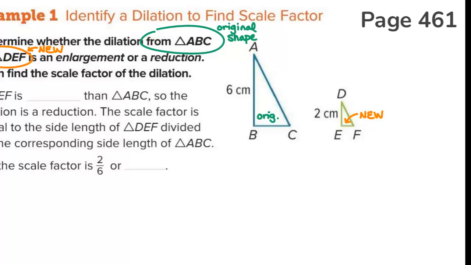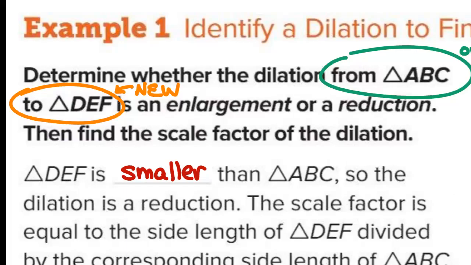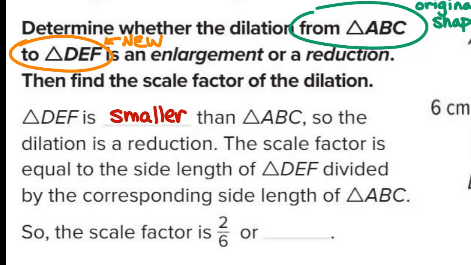So if I start off with this shape right here, and then I multiply it by a scale factor, and that gives me this shape down here. Did it get bigger or smaller? It got smaller. Triangle DEF is smaller than triangle ABC. So that means the dilation is an enlargement or a reduction?